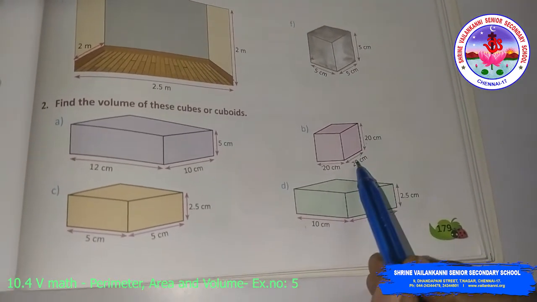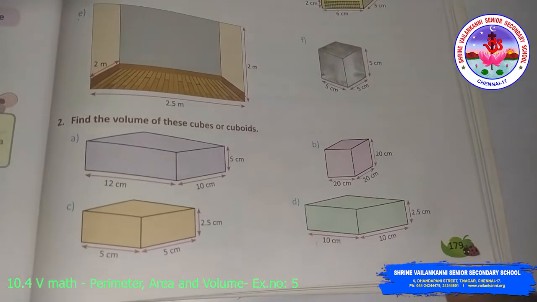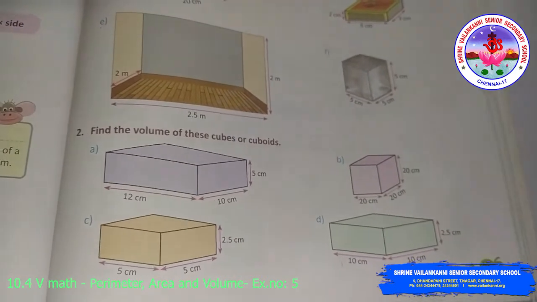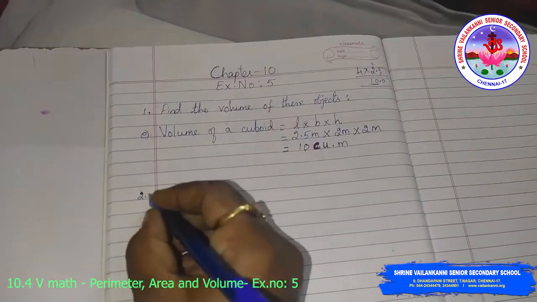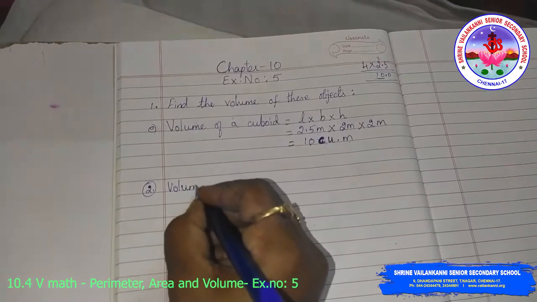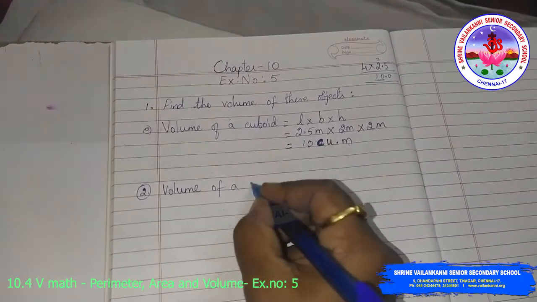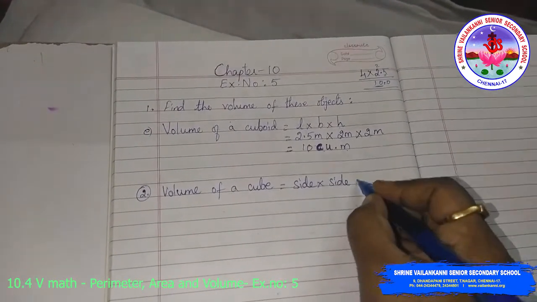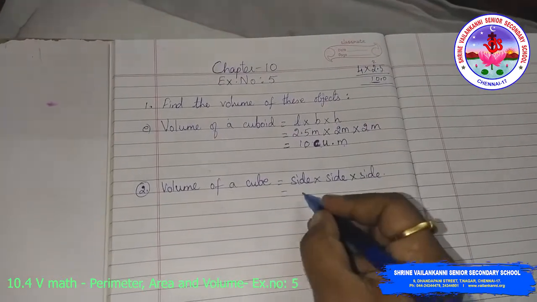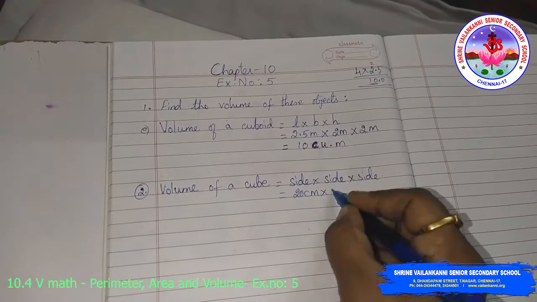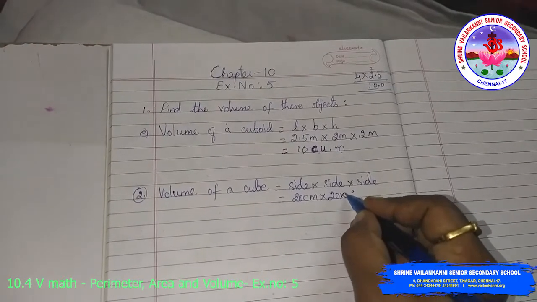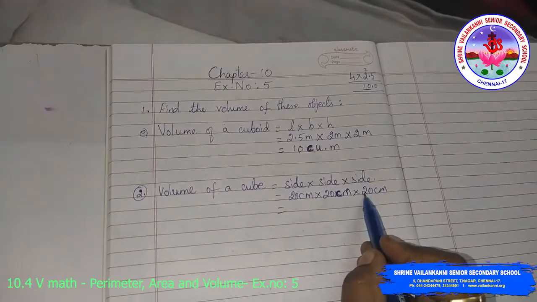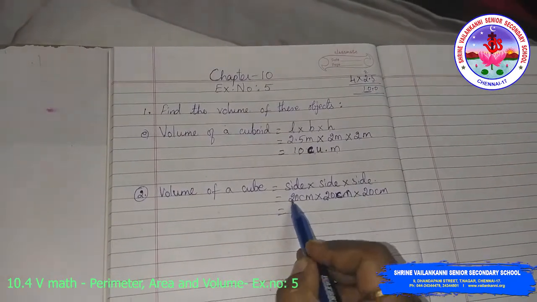Using this measurement, we use the volume of cube formula S into S into S, that is side into side into side. So the volume of a cube is side into side into side. All the sides are 20 centimeter. 2 2s are 4, 4 2s are 8.